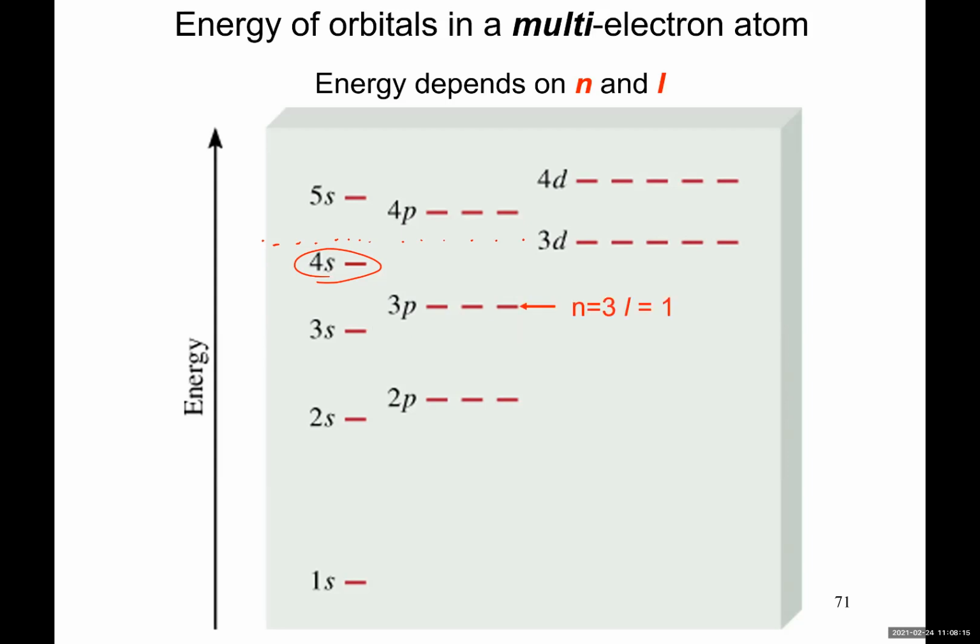And n equal to 3 is third shell, l equal to 1 is p subshell, so we show these as 3p, and you remember in p subshells there are 3 orbitals. And then l is equal to 2, and if it is n equal to 3, we call it 3d.